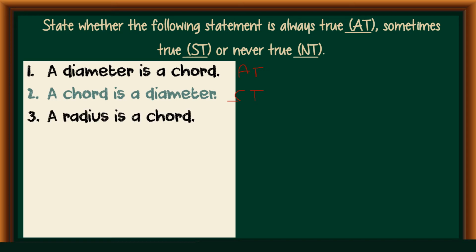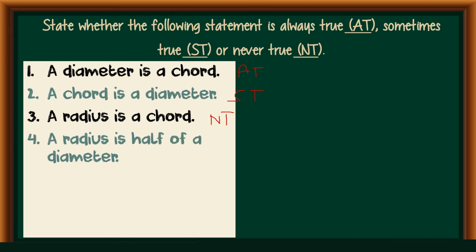Next, a radius is a chord. Never true. Okay, hindi pwedeng mangyari kasi ang isang endpoint ni radius ay nasa center. Ang endpoints ni chord ay nasa circle. So, it can never happen. Next, a radius is half of a diameter. Okay, according to its definition, always true.